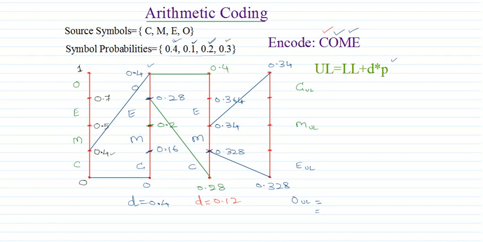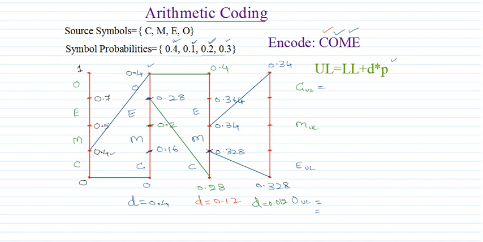Before finding the upper limit for C, we have to find the D value. The D value in this case is 0.34 minus 0.328, which is 0.012.